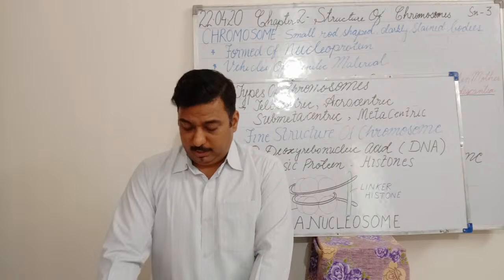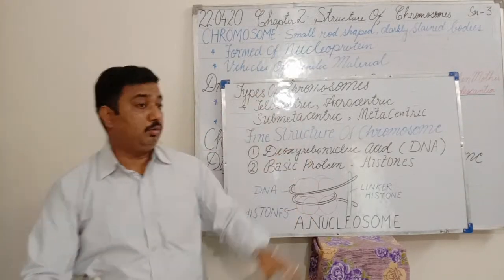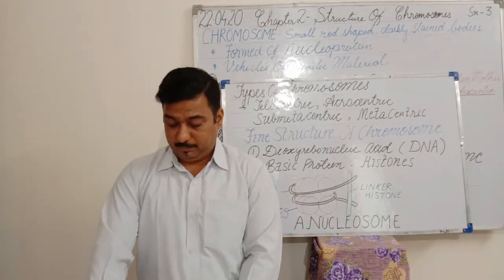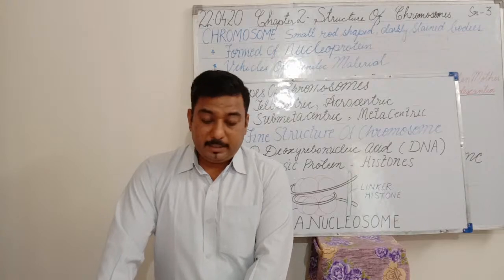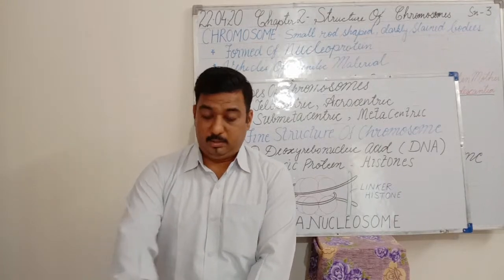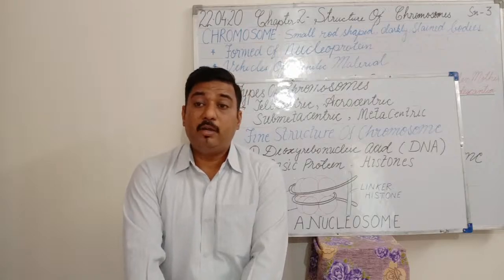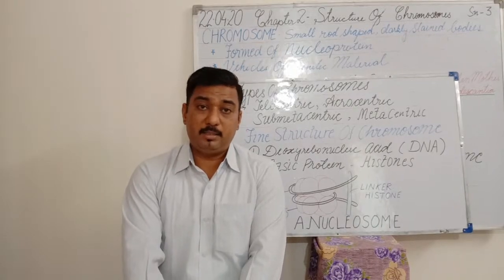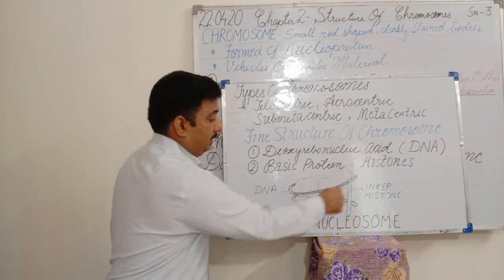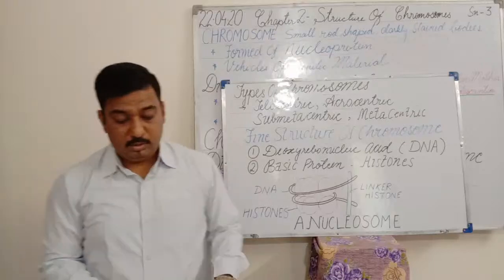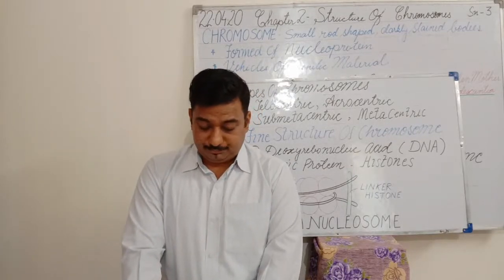Thus, chromatin fiber has numerous nucleosomes which are arranged like beads on a string. You can also imagine the structure of a pearl necklace, where these are the beads and this is the string. So it can also be observed in that form.